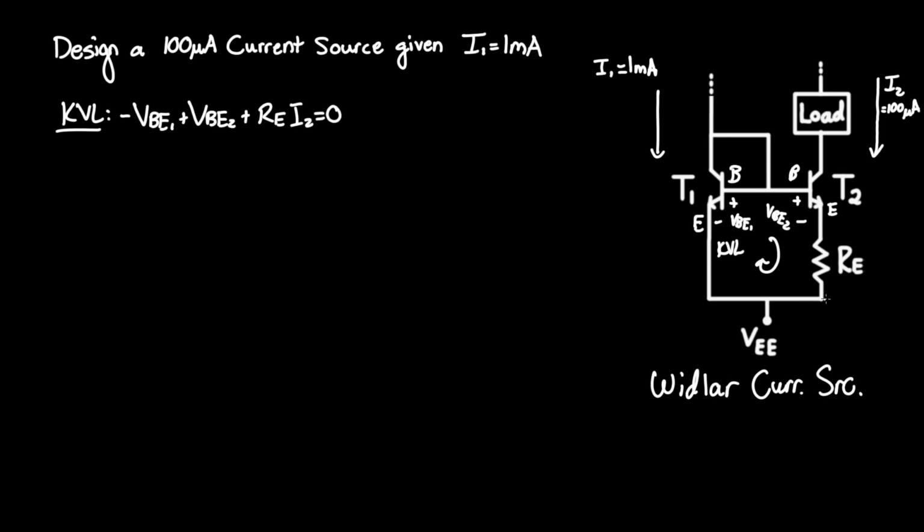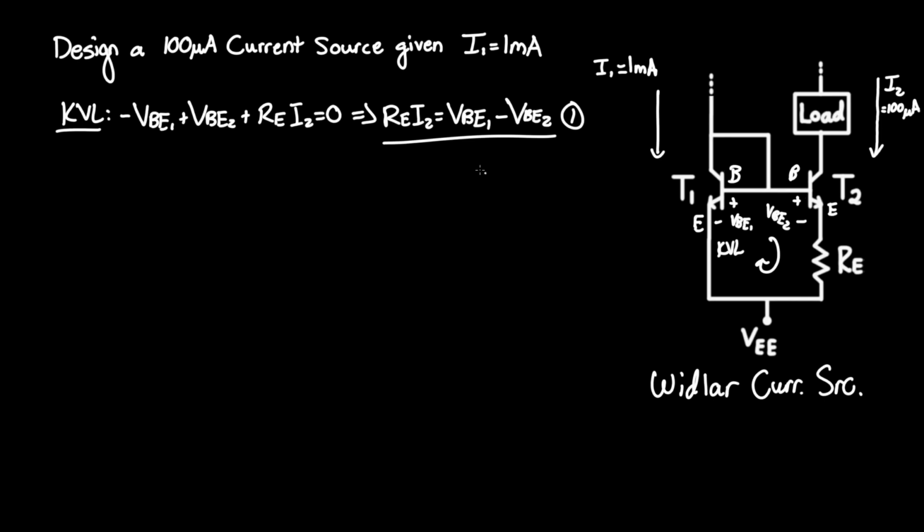Since this is the same potential here, we don't have to worry about VEE. And let's try to reorder this to isolate RE. So RE times I2 equals positive VBE1, since we're flipping to the other side, minus VBE2. And before we divide by I2, let's just call this equation 1.